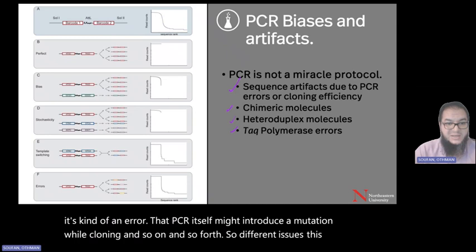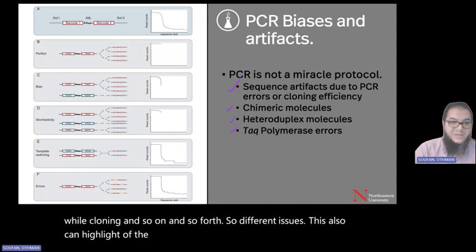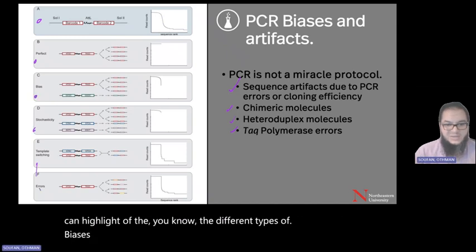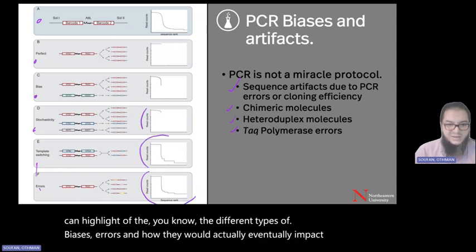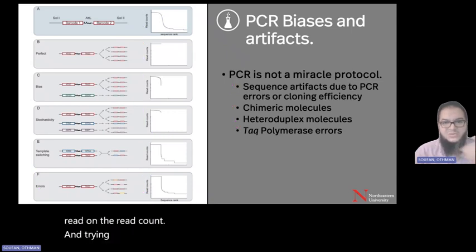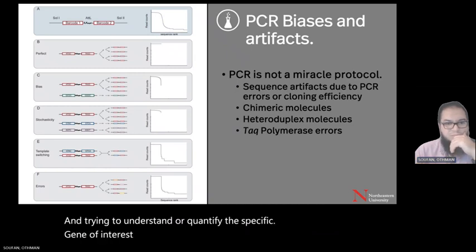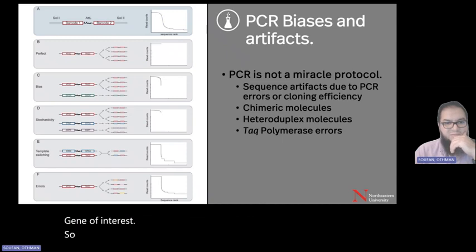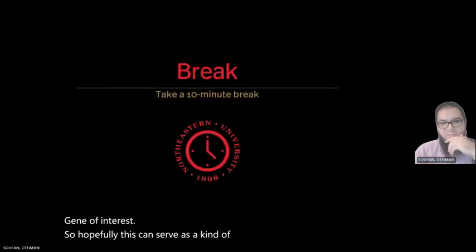This also can highlight the different types of biases, errors, and how they would actually eventually impact the read count, and trying to understand or quantify the specific gene of interest. So hopefully this can serve as a kind of reference.